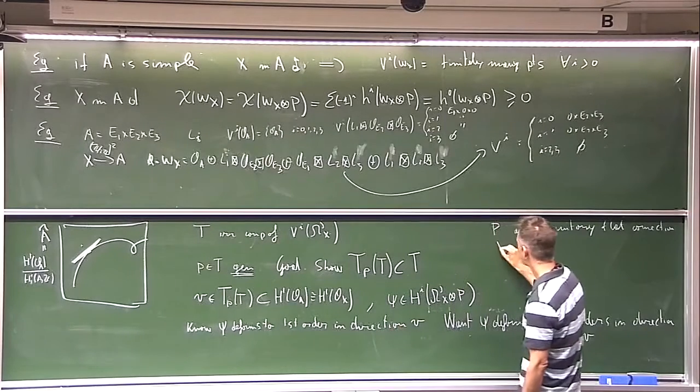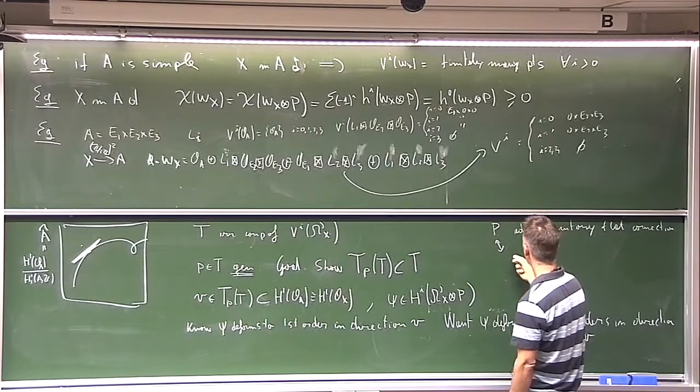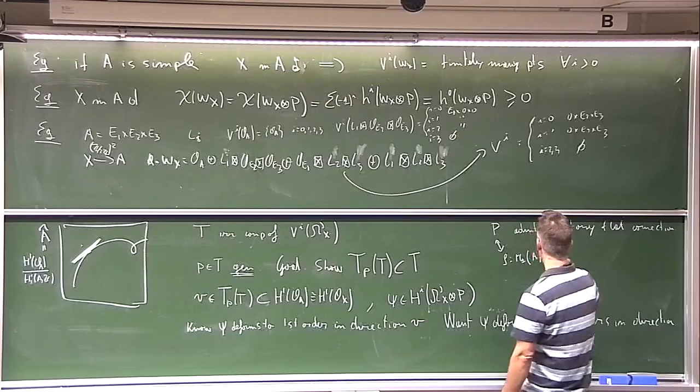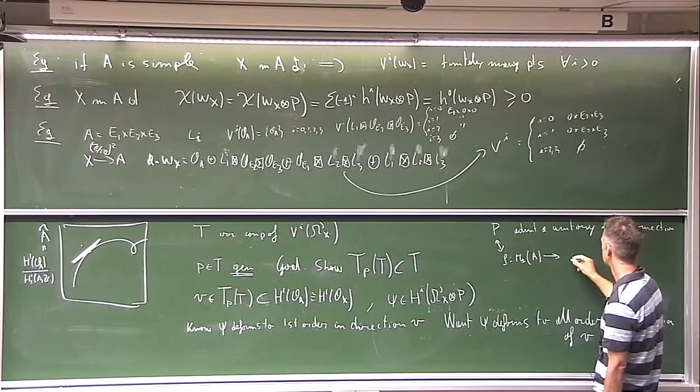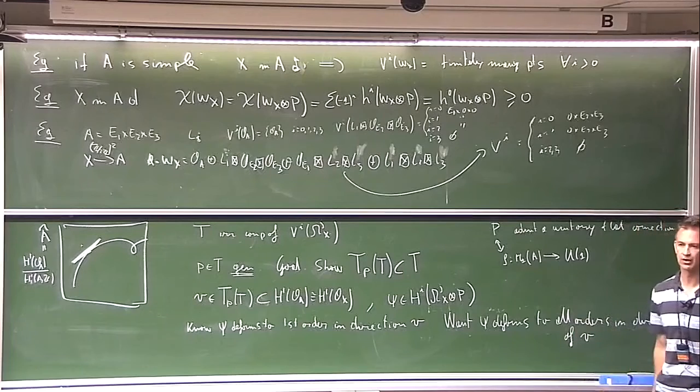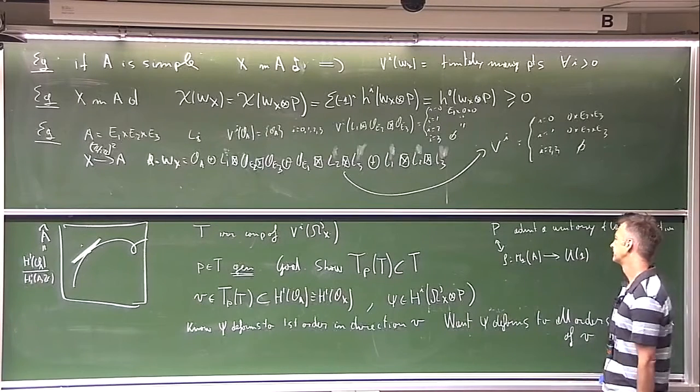So this P corresponds to a representation from pi1 of A into U1, complex numbers of length 1.